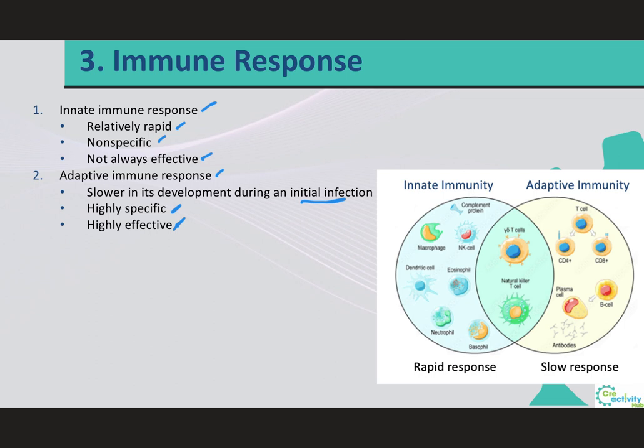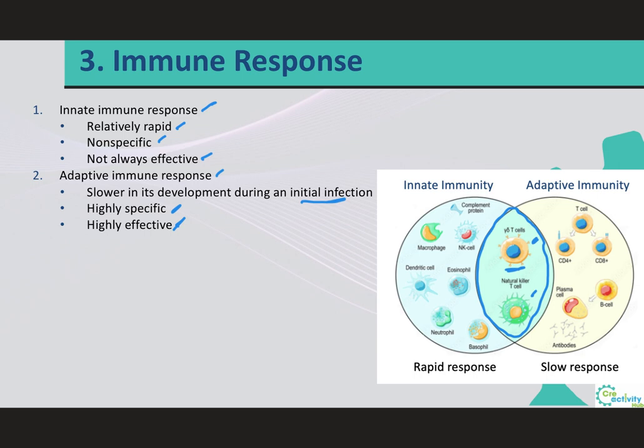As we can see from this image, there is an overlap of the cells that belong to the innate immunity or the adaptive immunity. These are the gamma delta T cells and the natural killer T cells. Now, the gamma delta T cells, they are basically a prototype of an unconventional T cell, and it represents a relatively small subset of T cells in the peripheral blood.